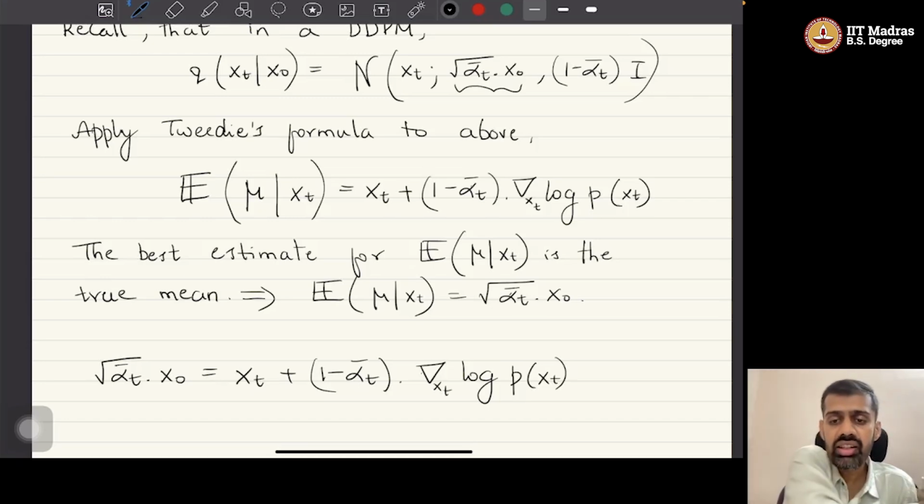So p of xt, we will define what log of p of xt is in a while in the context of a DDPM. So this is just an application of Tweedie's formula.